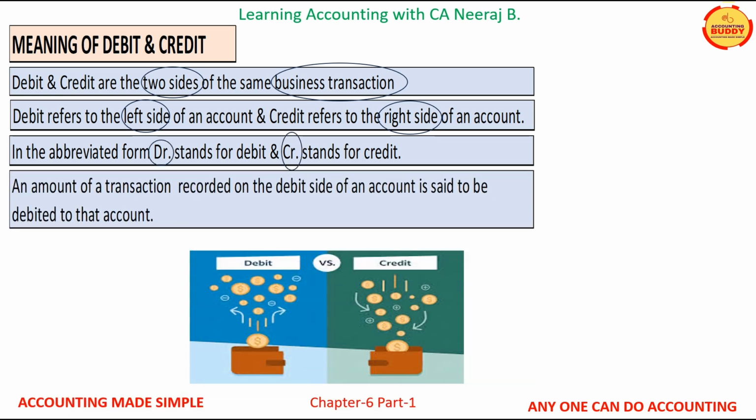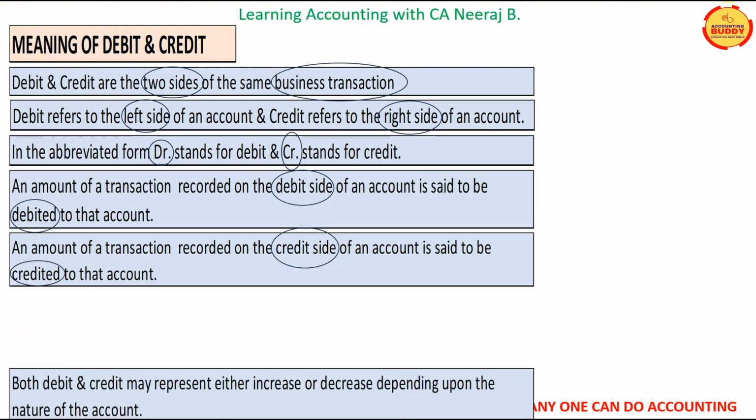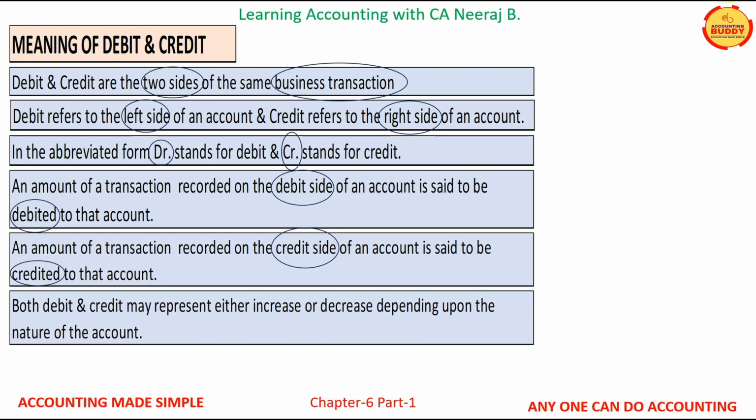An amount of a business transaction recorded on the debit side of an account is said to be debited to that account, and an amount of a transaction recorded on the credit side of an account is said to be credited to that account. Both debit and credit may represent either increase or decrease depending upon the nature of an account.